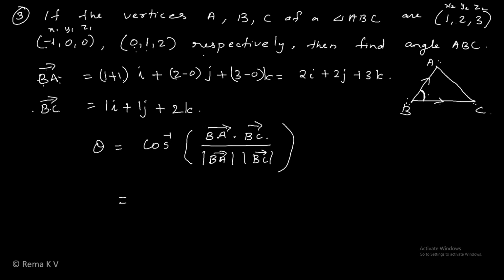Find out the value of this dot product BA dot BC and give your answer. Two vectors are here, 2i plus 2j plus 3k and 1i plus 1j plus 2k. To find the dot product when the vectors are given in component form, it is a1 a2 plus b1 b2 plus c1 c2.